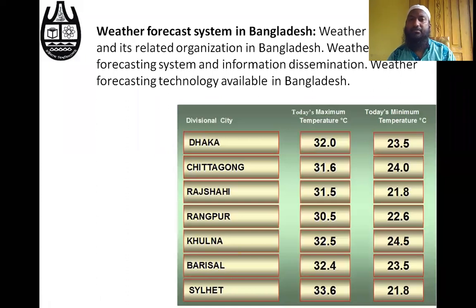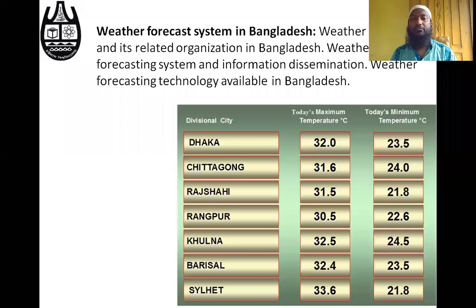Weather forecast system is knowledge which is very interesting for most people, and many countries are closely related with the weather forecasting system in their daily lives. In case of the environmental condition, weather forecast is a must, and every day we look for the weather forecast for many of our planning processes.